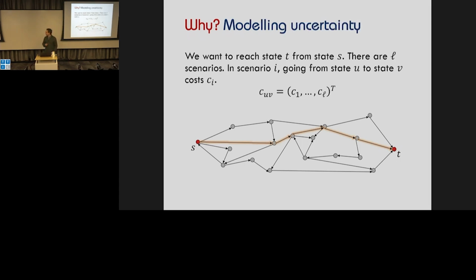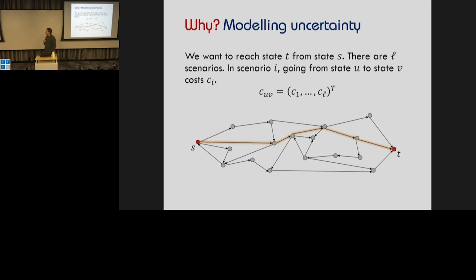And finally, let me mention the original motivation to study this problem. It's related to modeling uncertainty. So assume that there are L possible scenarios, and in each scenario, the cost of edges is different. So in scenario 1, the cost of edge UV is, let's say, C1.